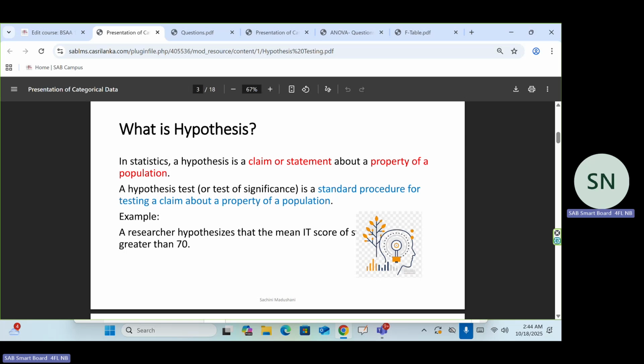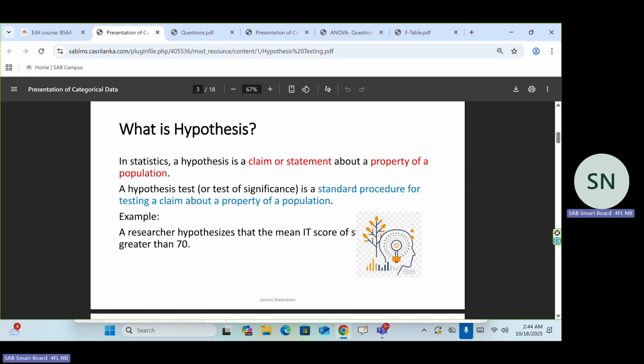This one we call the hypothesis. Similarly, we calculate the weight of people and say their average weight is greater than 55. This is also a hypothesis. The average weight is the parameter mu value, greater than 55.